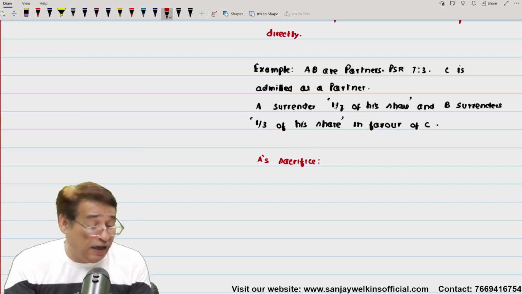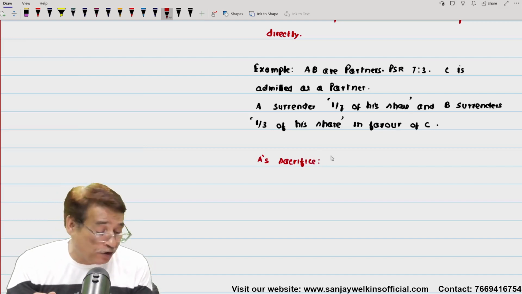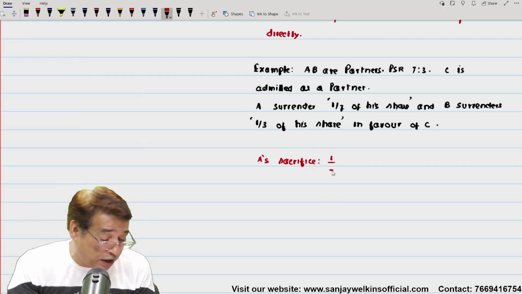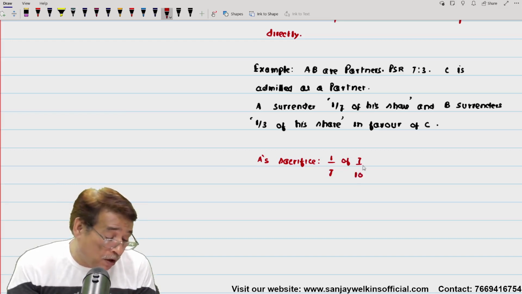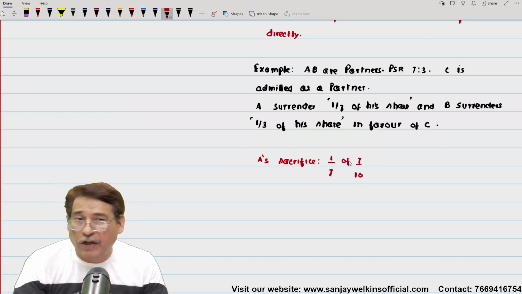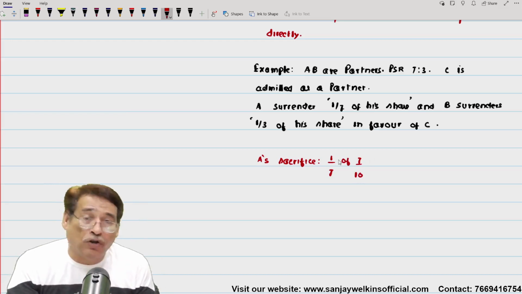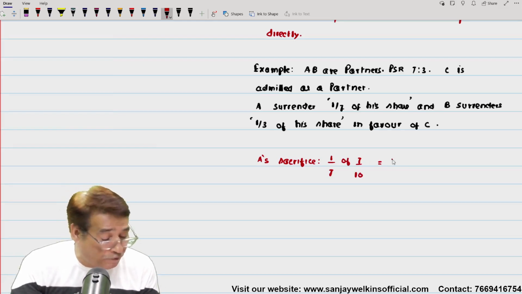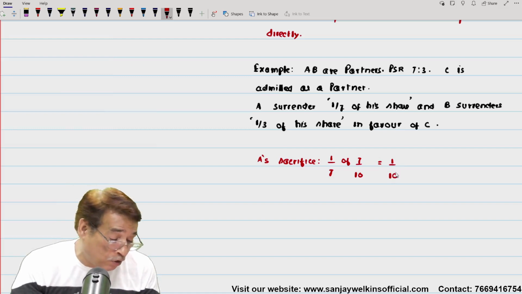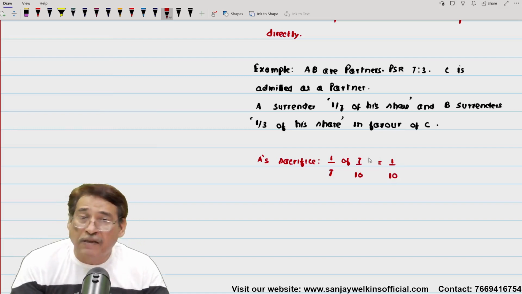It is given A has surrendered 1/7 of his share. So first of all, I will take into account 1/7 of his share. Of his share means 7/10. Now A's old ratio is 7/10 and he is surrendering 1/7 of this. So the sacrifice made by A is equal to 1/10, because 7 will get cancelled.